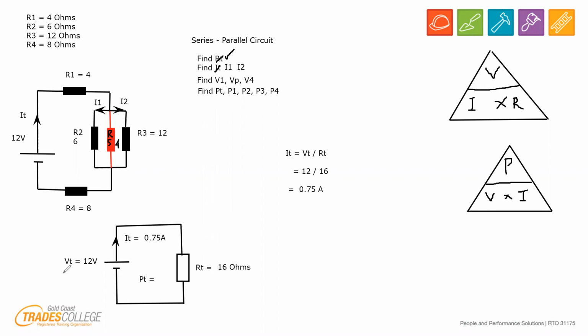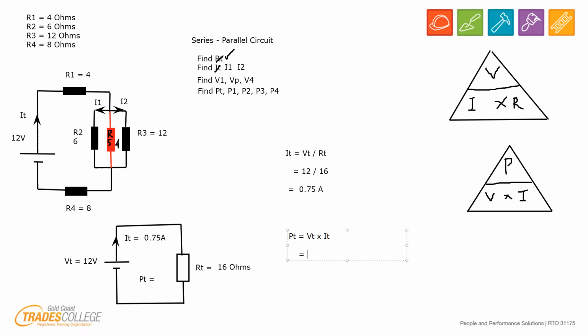But if I'm looking at it, I can ask what I need to find. I need my triangle, so I cover P to see what I need to use. Covering P leaves me with V times I. Do I have a V times I at the bottom? Yes, I do. So PT equals VT multiplied by IT.